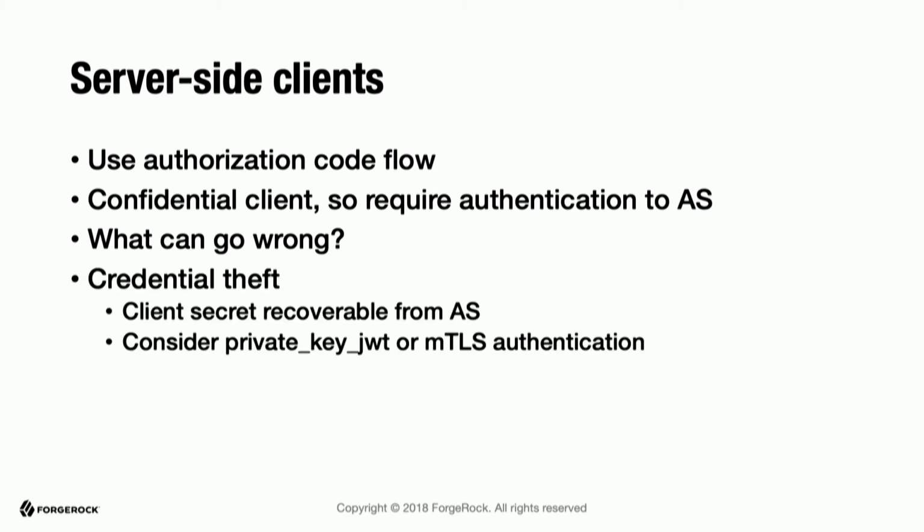So credential theft. A lot of people don't realize that the client secret you get as a confidential client looks a bit like a password, and you'd expect that this would be hashed on the authorization server. But actually loads of parts of the OAuth 2 spec require that the authorization server be able to access this in the clear. There are extensions that allow a client to send an encrypted request, which is encrypted under those client credentials.